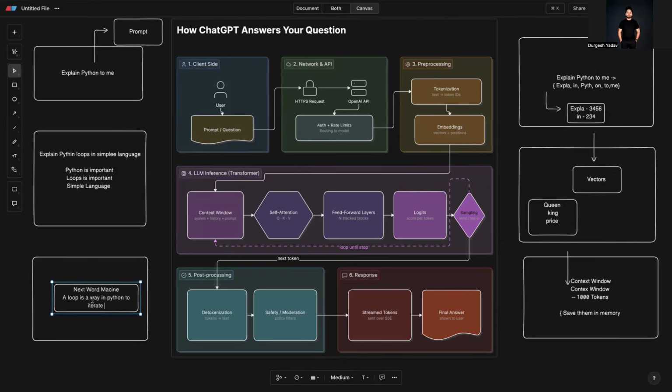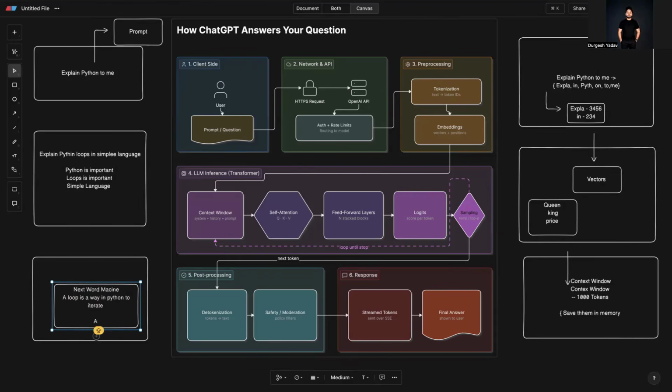So let's say ChatGPT has given this particular answer in your chat, where you have asked about loops. Now, the answer that ChatGPT is generating for you is something like this.